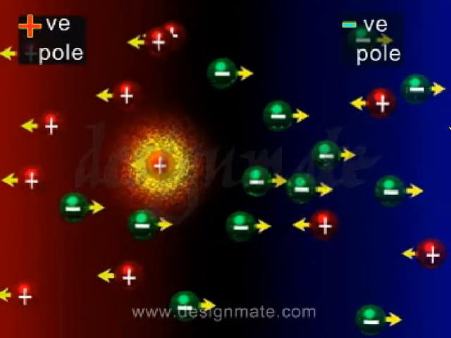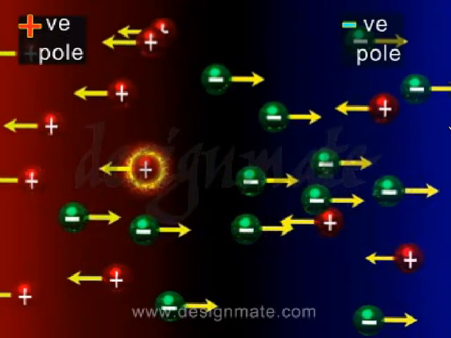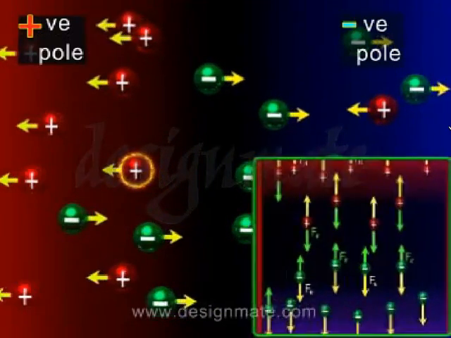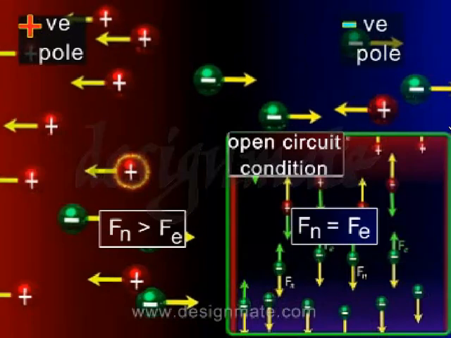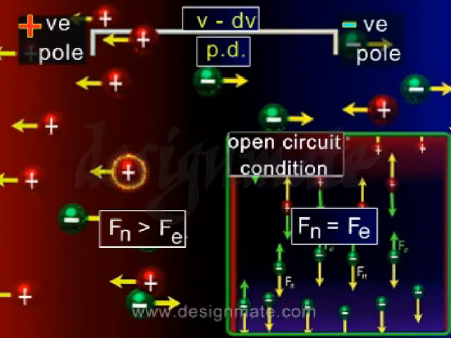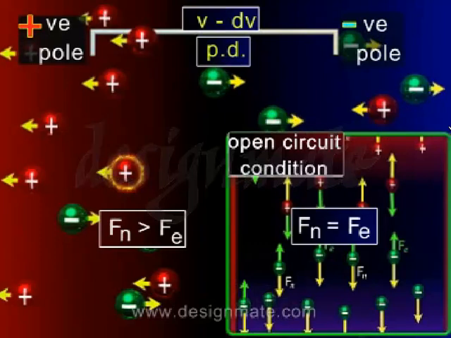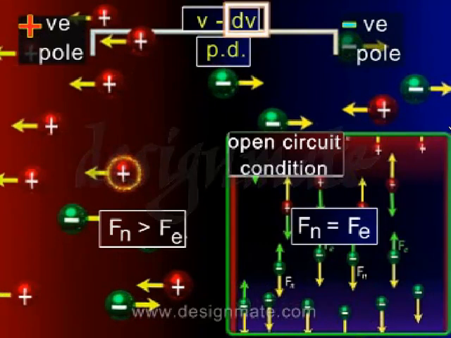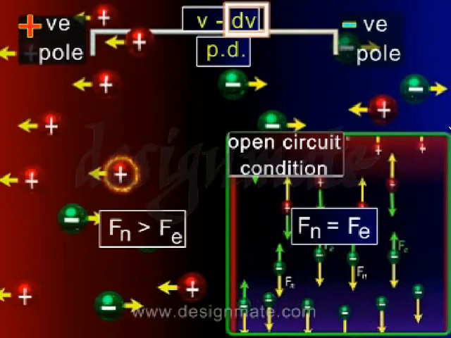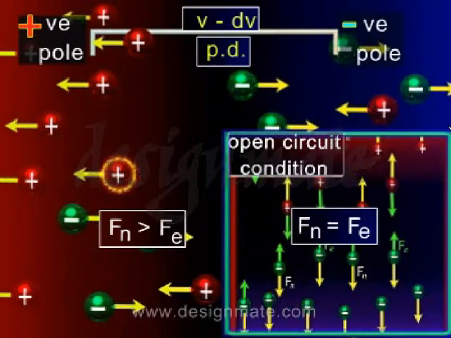This causes reduction in overall energy in comparison with open circuit condition. Hence, the potential difference between the two poles of battery is slightly lower when the electric current is flowing in comparison with the open circuit condition.